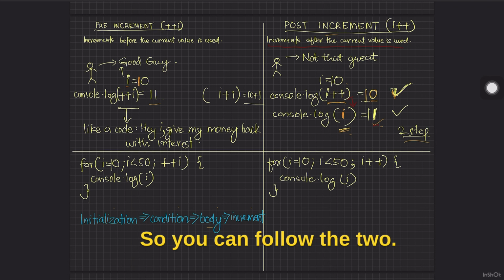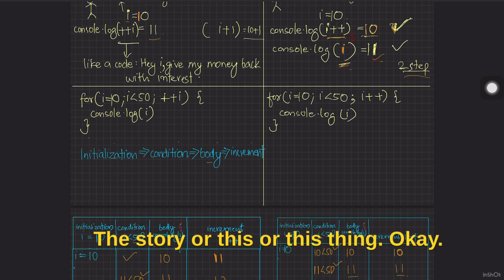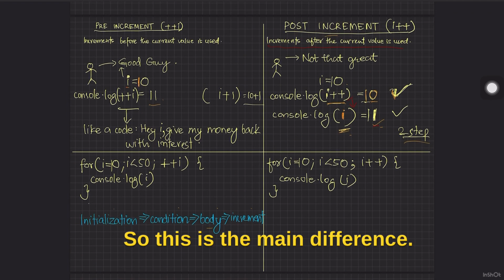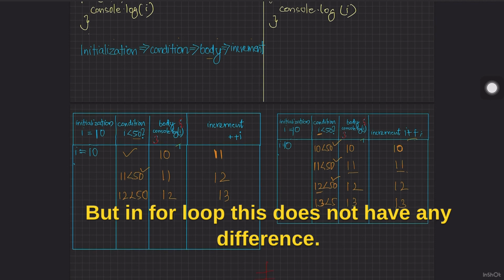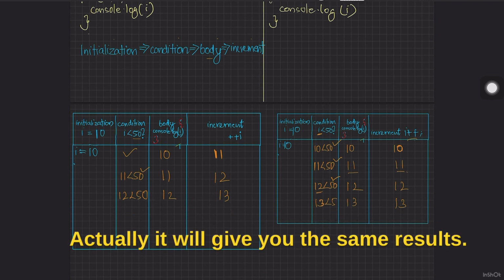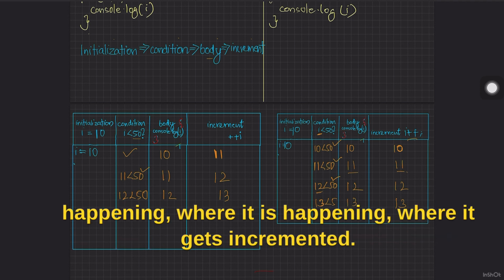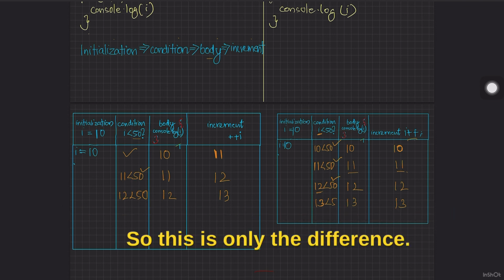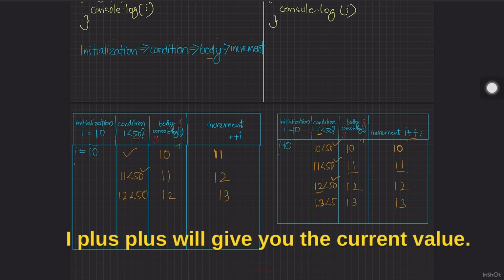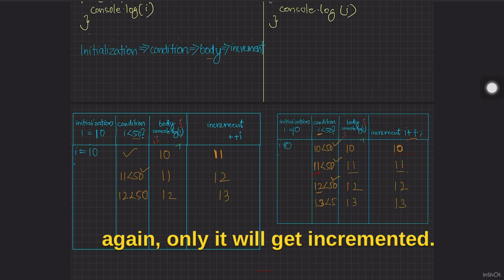So you can follow the story or this. This is the main difference. But in a for loop, this does not make any difference. Actually, it will give you the same results, but it is important to know what is happening, where it is happening, and on what step the value gets incremented. i++ will give you the current value, and only when the value is called again will it get incremented.